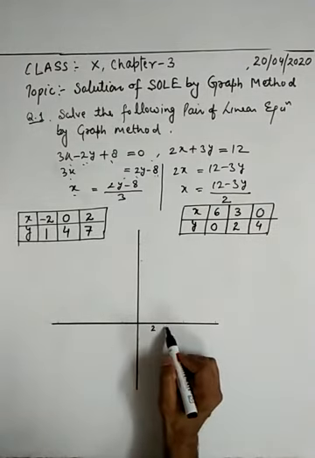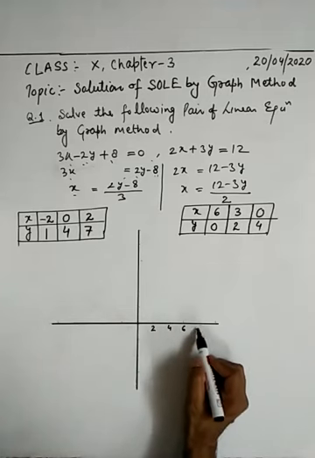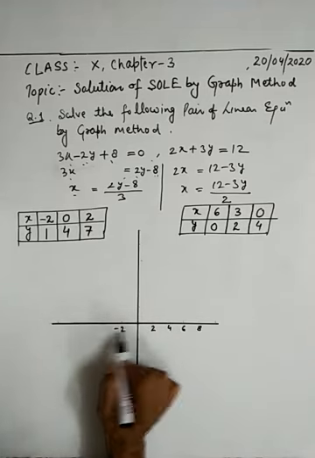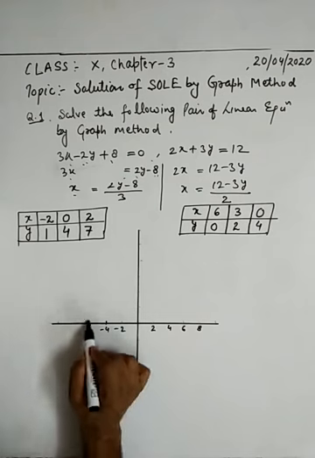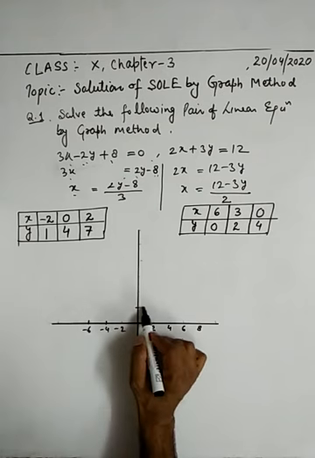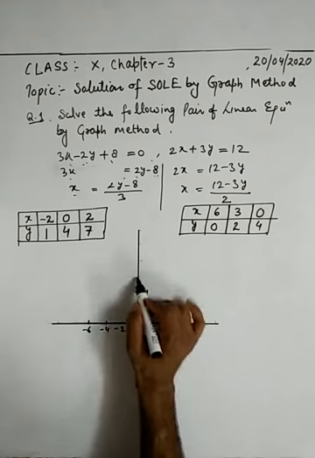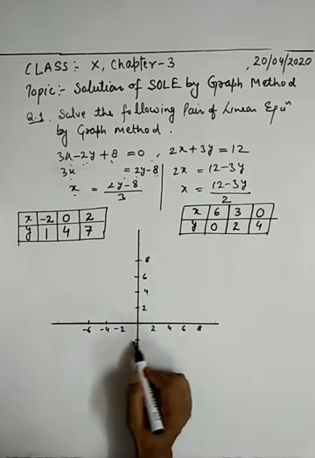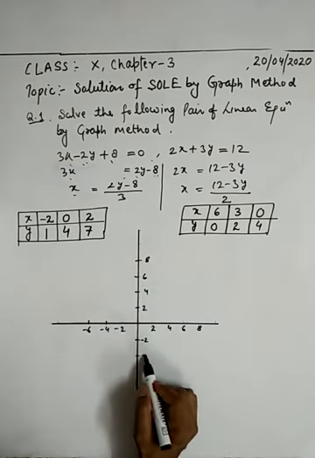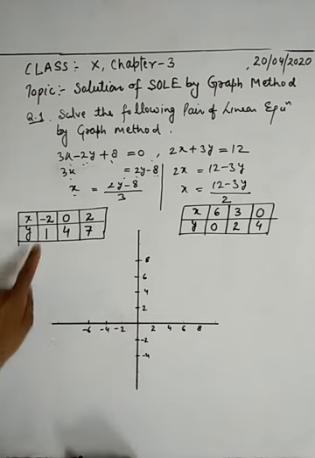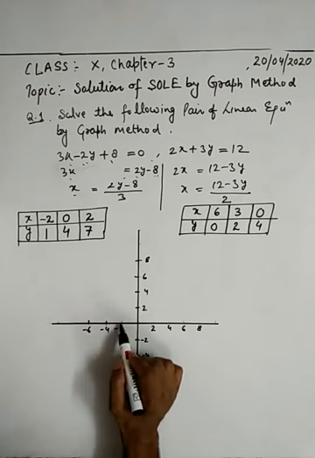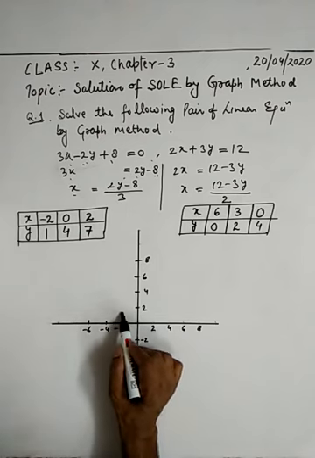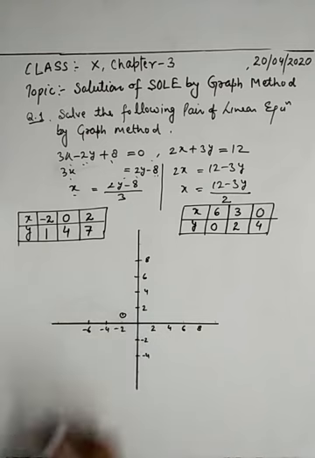So taking the points 2, 4, 6, 8, minus 2, minus 4, minus 6, and 2, 4, 6, 8 here, and minus 2, minus 4 here. First put x minus 2, y 1. This is the first point.